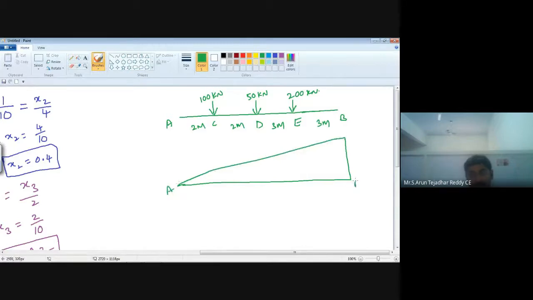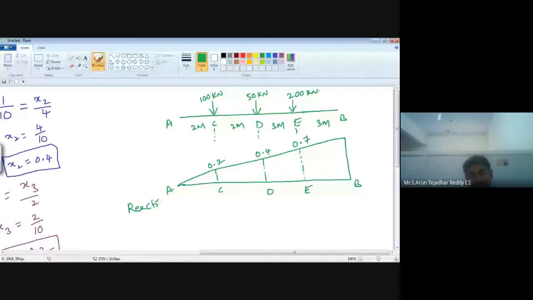A, B, and the loads are acting. Okay, C, D, E. Here we have 0.2, here 0.4, and here 0.7.